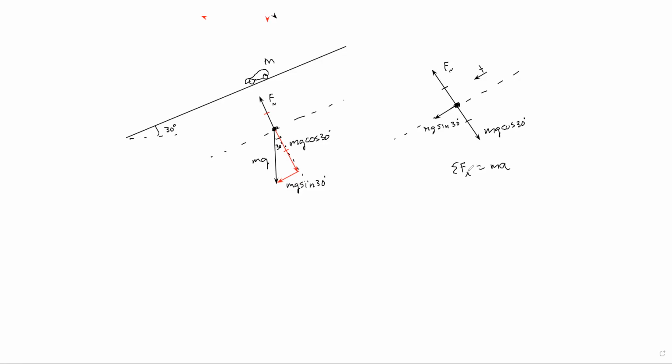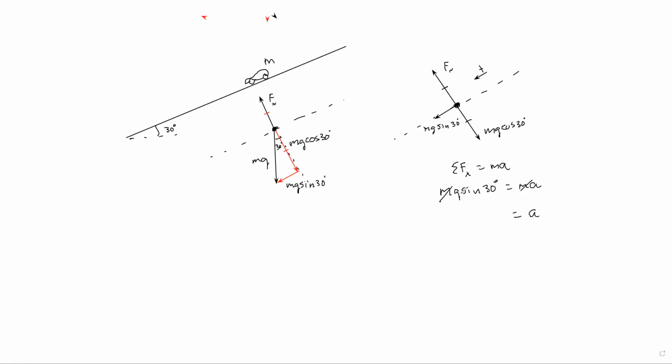So if I did that, what I would have is mg sine of 30 is equal to ma. Look at that. The masses cancel out again. And we get acceleration right there of g sine of 30.